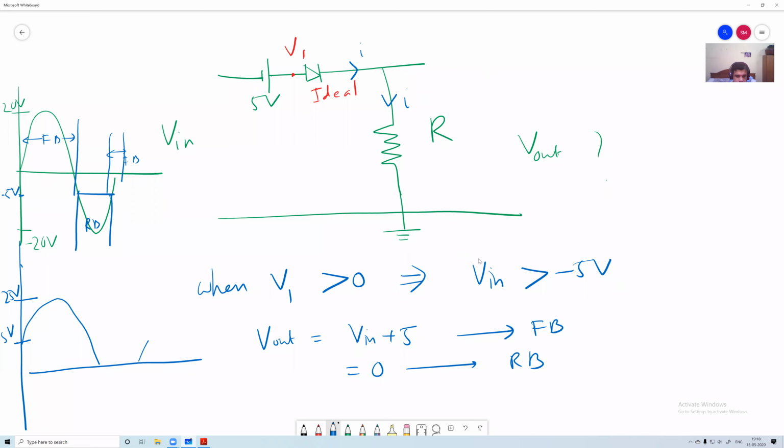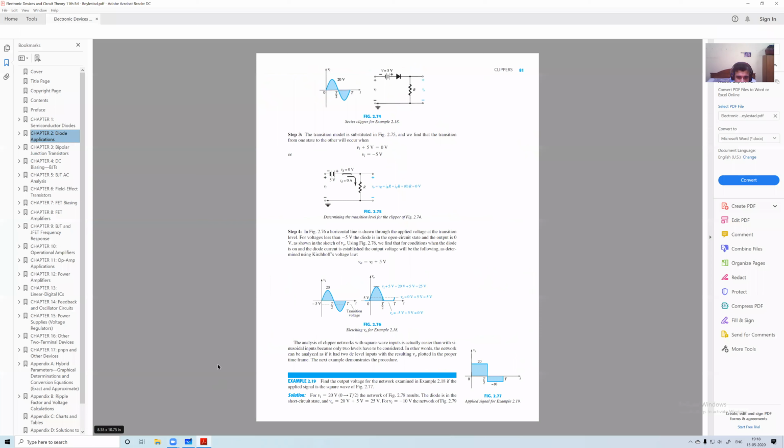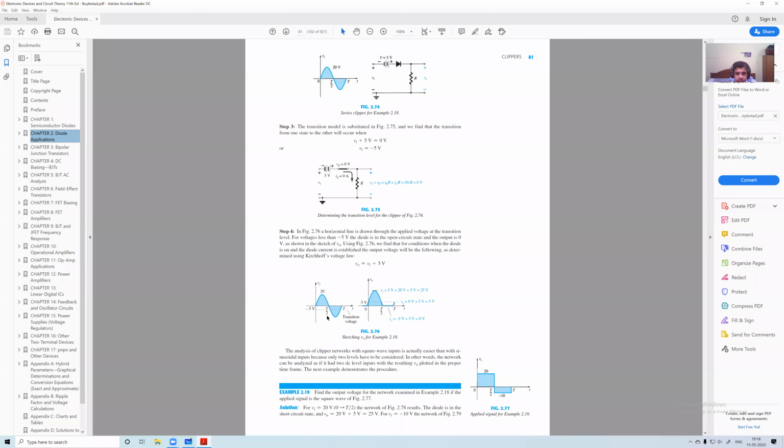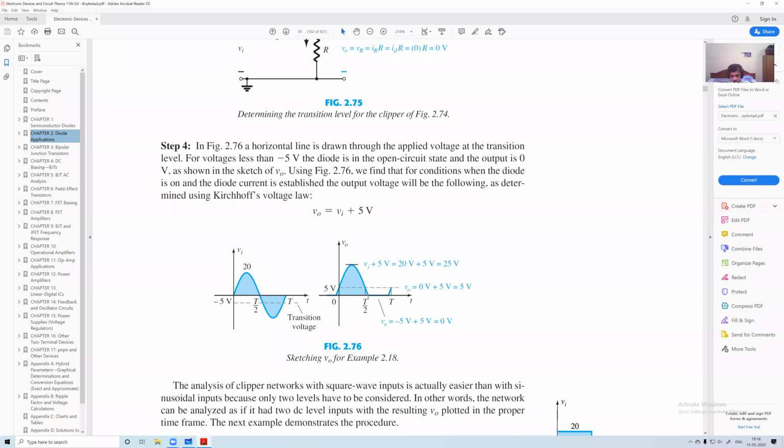Is it okay? See the curve? The curve will look like this. 5 volt. This is 25 volt. This is 0. See that? Right?